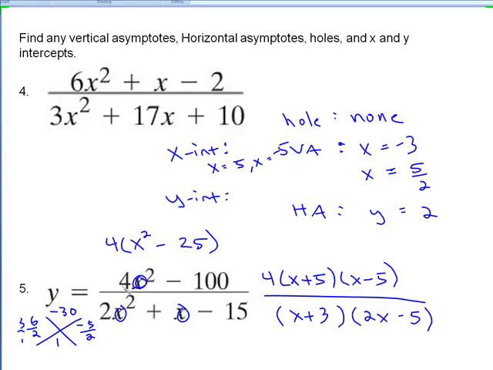So this is all going to be 0. So basically you end up with -100 over -15. So negative is positive. You're going to have y is equal to, and reduce that by 5, so you'll get 20 over 3. Okay? And if you were actually going to plot this, you would just change that to a mixed number.